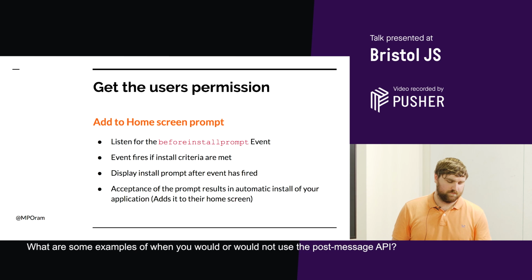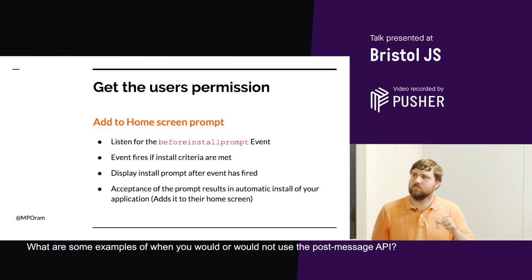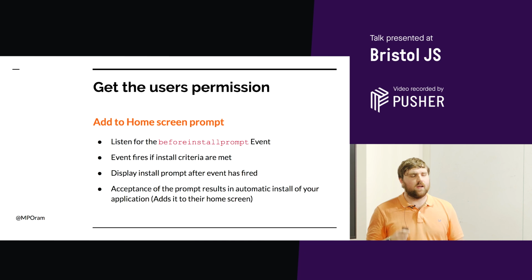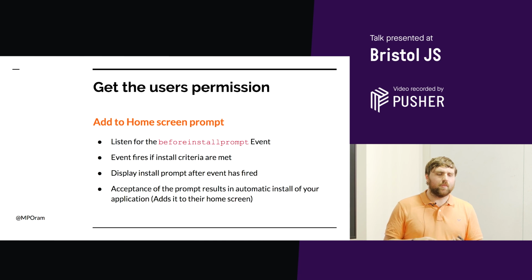So you mentioned the post message API and that it's a thing, but that you wouldn't usually use it. What are some examples of when you would or would not use it? The whole point of the service worker is that it picks up HTTP requests and then interacts with them. The post message API was created because some people wanted to be able to update the DOM from picking up a request.